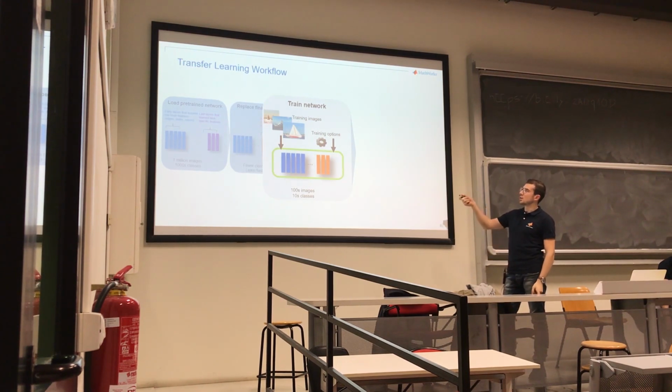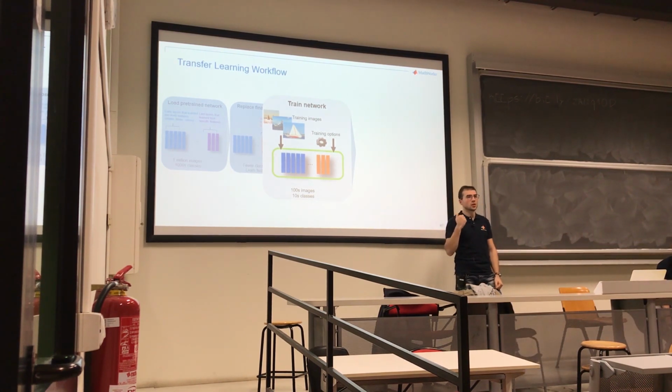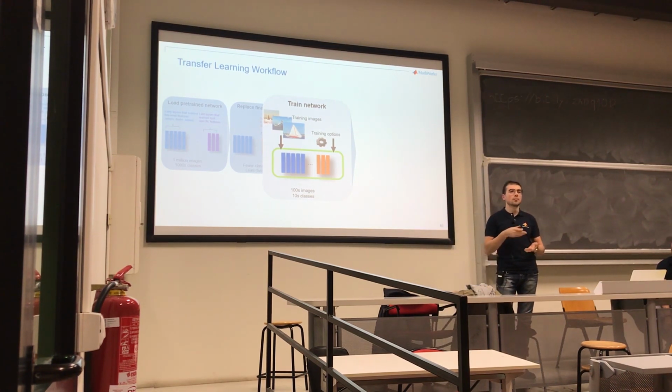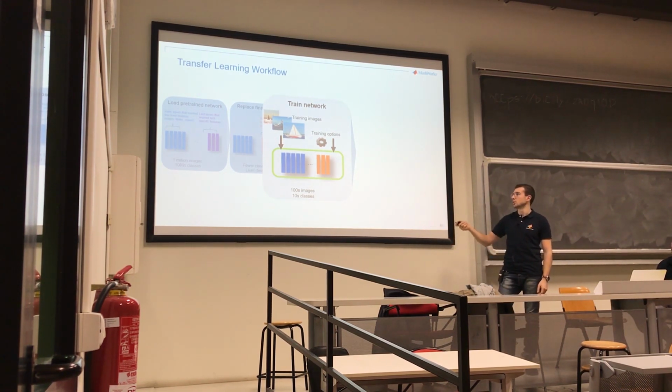We do a new training, we have new training images, and we do the training. Of course, this is a smart way because we no longer have to train all the parameters, but only the ones needed for the classification. So we don't need such a big dataset to get a good network, we need only a smaller one, like in this case, 1,000 images.